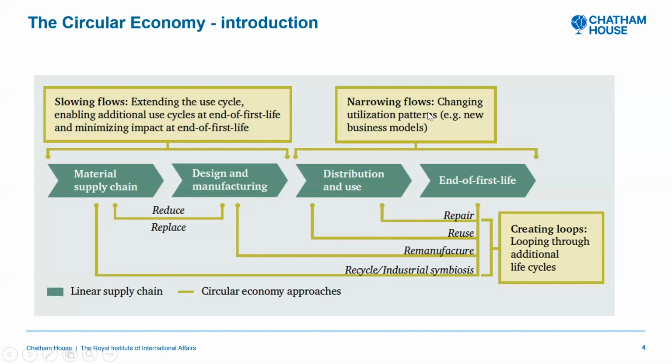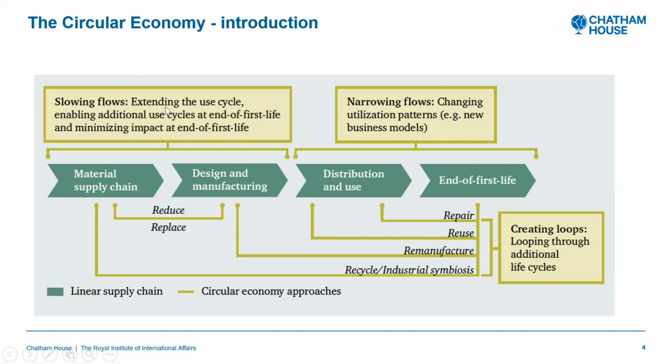That means reducing the throughput of materials that goes through the system. And this can be achieved by changing utilization patterns. The other one is about slowing flows, which means slowing the throughput of materials. And this can be achieved through, for example, extending the use cycle.